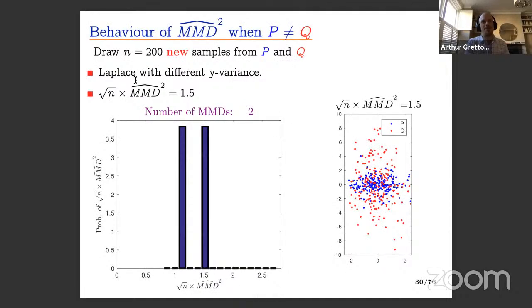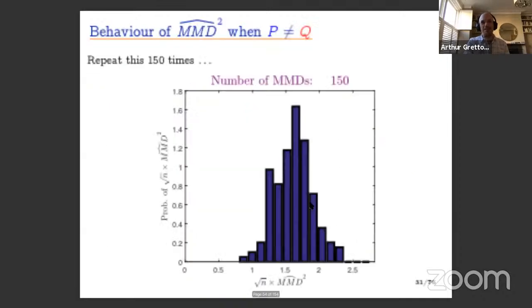I've drawn 200 more samples from P and from Q, and I've got a new MMD. It's not exactly the same because these samples are a little bit different, but it's close. It's 1.5. So now I've seen two MMDs. I've put one bar at 1.2 and another bar at 1.5, and this is my probability of seeing this quantity. So I've seen two values with equal probability.